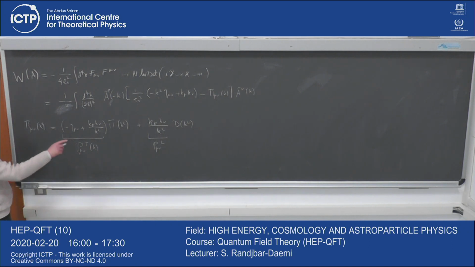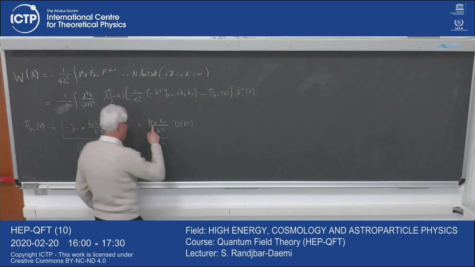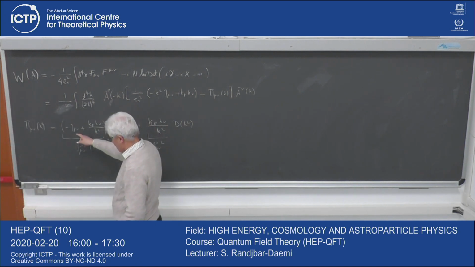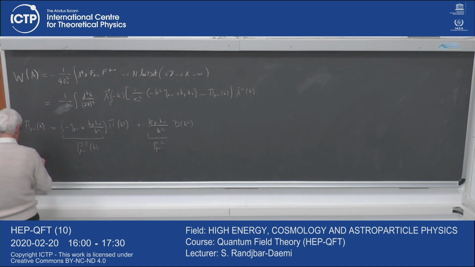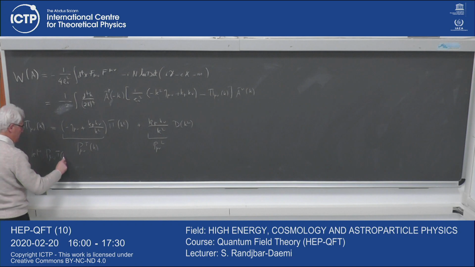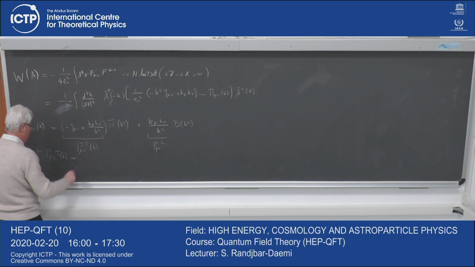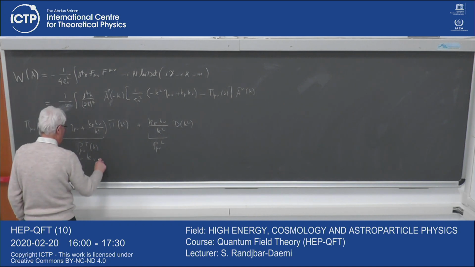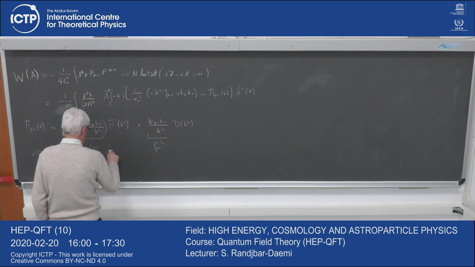The important thing is that they are orthogonal. So if you hit this with that, k mu acting on P mu nu transverse simply gives you minus k nu plus k squared times k nu divided by k squared.